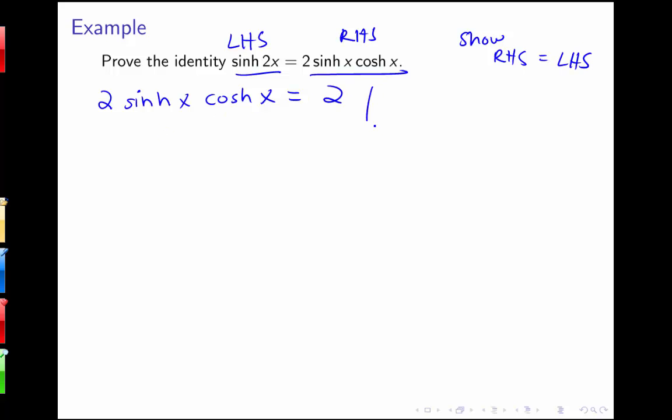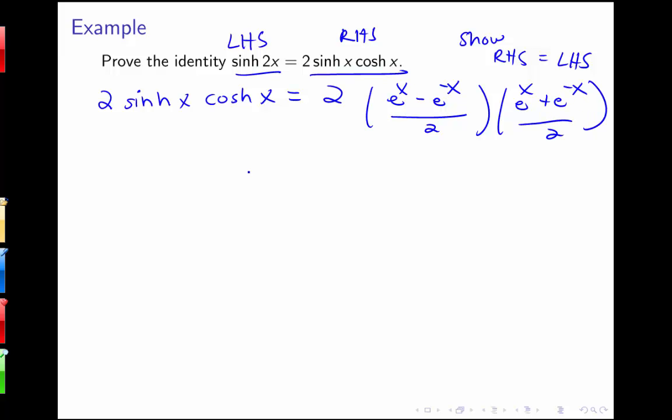So I have 2 times, well, this is e to the x minus e to the negative x all over 2 times e to the x plus e to the negative x all over 2. Okay, so some of those 2's cancel, so I still have a 1/2. And then I want to multiply those 2 quantities together.